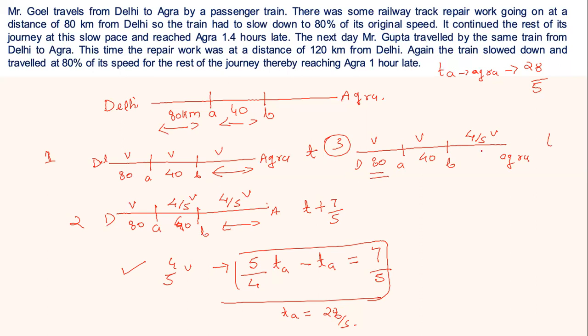The second phase has changed. In the second phase, the last day I traveled at 4/5 V speed, and today I am traveling with speed V. So today my speed has become 5/4 times in this second phase. The second phase of the journey, 5/4 times. The third phase, everything remains the same, so no impact there. If I compare the second day and third day now, my time has only changed by 5/4 t.